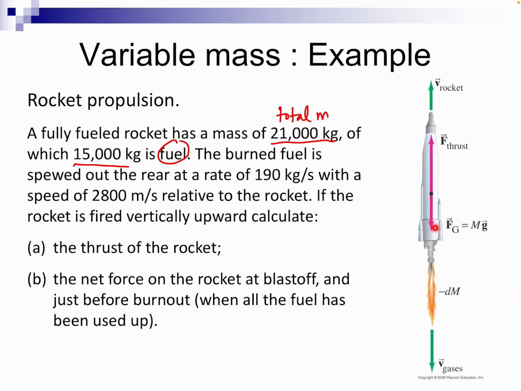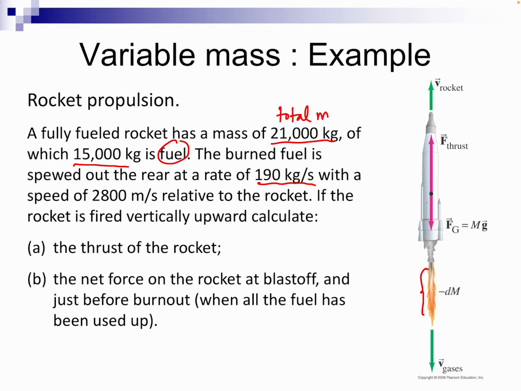What causes the rocket to propel is the burning of the fuel. So what if the fuel is spewed out the rear at the rate of 190 kilograms per second? So fuel is being burned at a rate of 190 kilograms per second. As the fuel is burned, it's spewed out of the rear end.